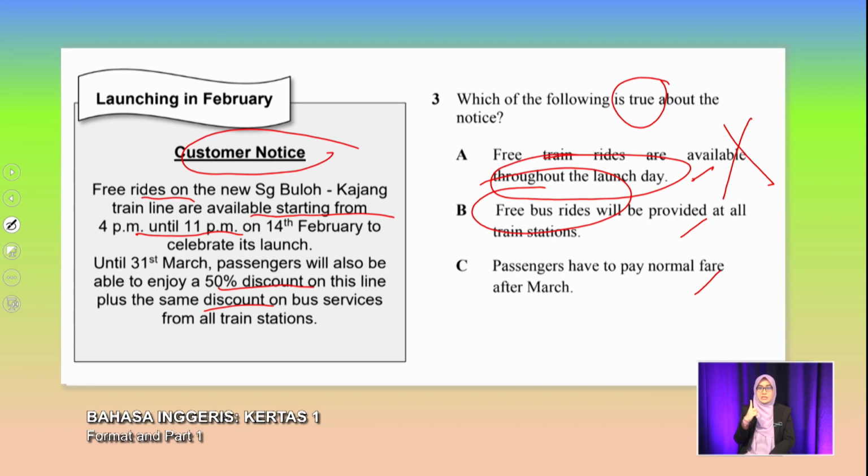And the last one, passengers have to pay normal fare after March. It says until 31st March, so starting April, no more discounted rates. They have to pay normal fares. So the correct answer is C.